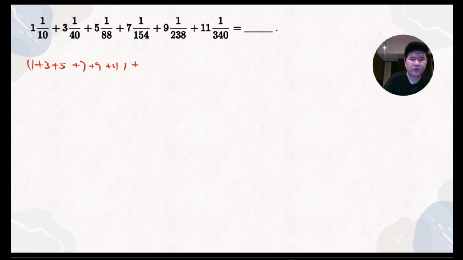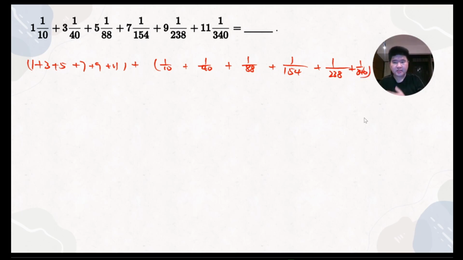And then we got 1/10, 1/40, 1/88, 1/154, 1/238 plus 1/340. 我们会发现这是这几个分数相加。But among these denominators, how can we split them?